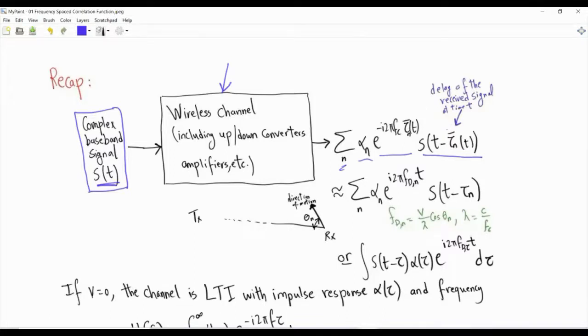And the delay is a very complicated function if there is mobility, but using some assumptions, we can actually simplify our received signal model into basically a sum involving the transmitted signal with fixed shifts or delays, with a delay tau n specific to the path n, and then there will be this phase factor which is a complex sinusoidal signal with frequency f Doppler.